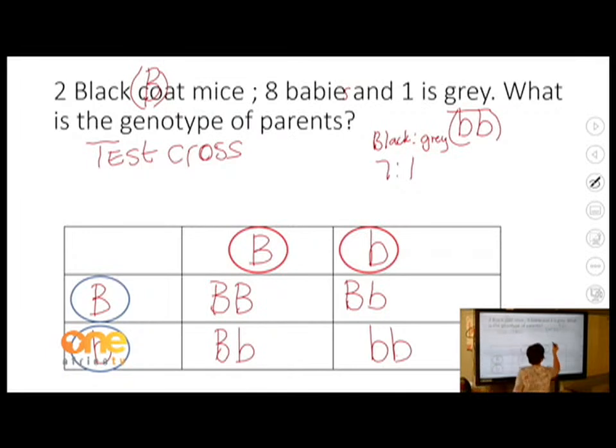But that is not the perfect ratio. But it is telling me that the smallest amount is grey. So therefore, the parents were heterozygous black, phenotypically. Their genotypes were capital B, small b, both. That is the only way the offspring can turn out like that.